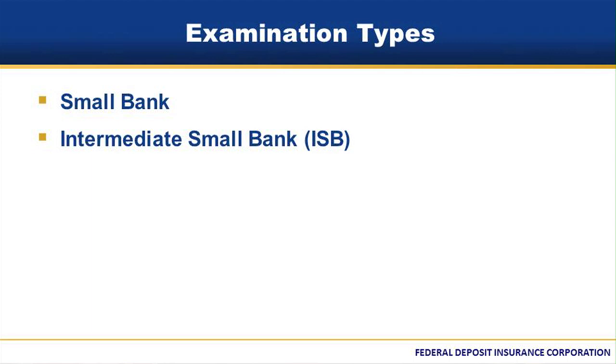We'll talk more specifically about these first two types of bank examinations a little later in the presentation. For large banks, the examination includes an expanded performance review. The examination involves a comprehensive review of your bank's lending, qualified investments, and services. If your bank is a large bank, you must also collect and report certain loan data.